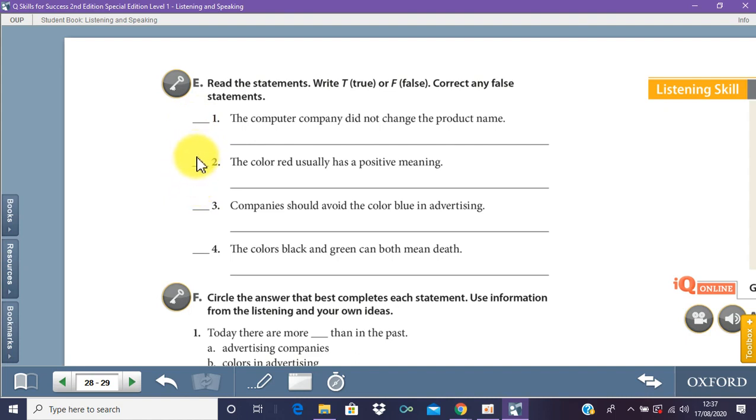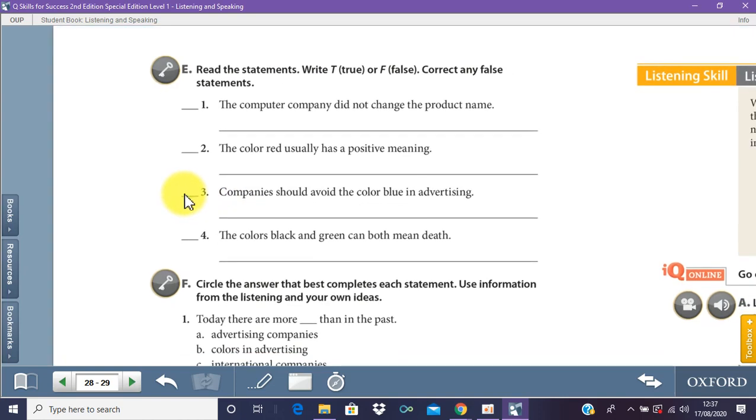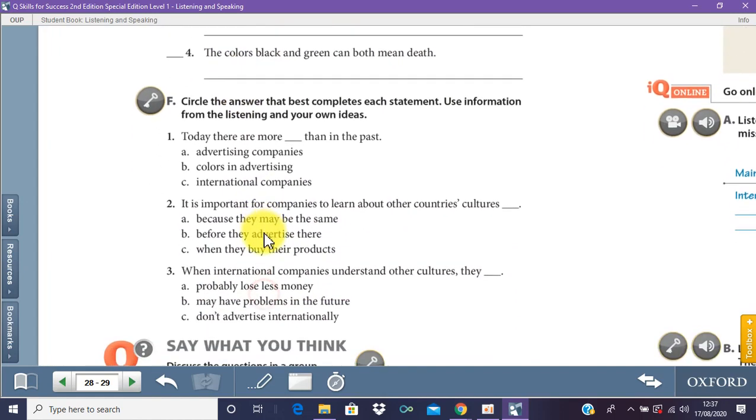T, true. Number 3, companies should avoid the color blue in advertising. The answer is false. Number 4, the color black and green can both mean death. False. Okay, simple.